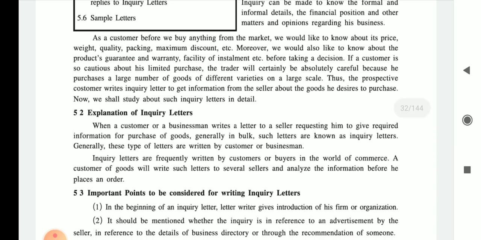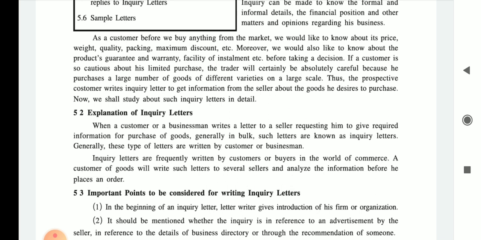Next, as a customer, before we buy anything from the market, we would like to know about its price, weight, quality, packing, maximum discount, etc. See friends, even if you want to buy a single chocolate, you will compare so many items: what the price is, what the quantity is, what the quality is, what the weight is, what the packing is, how much discount you will get.